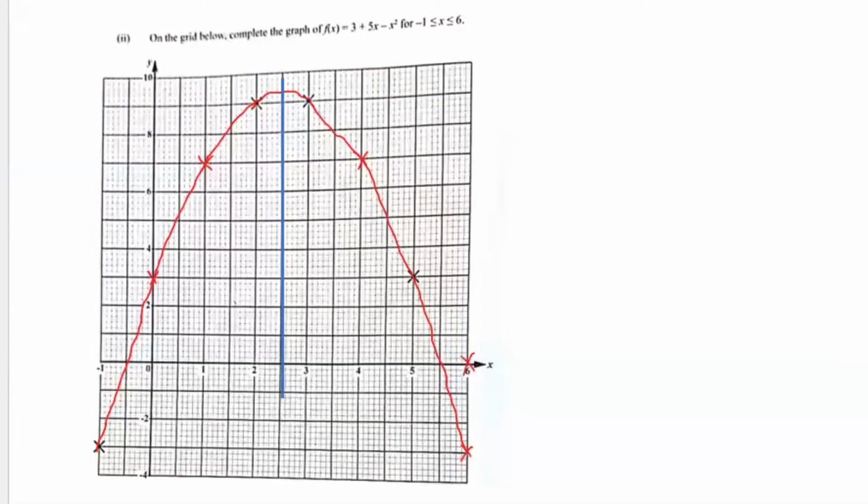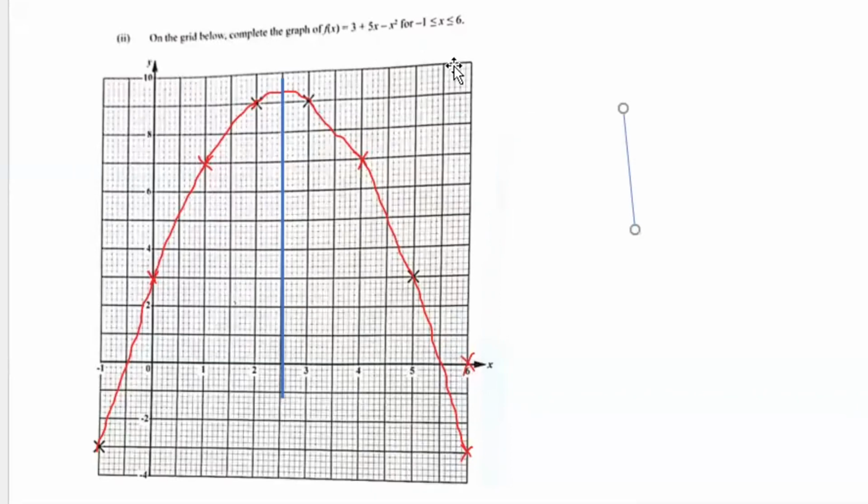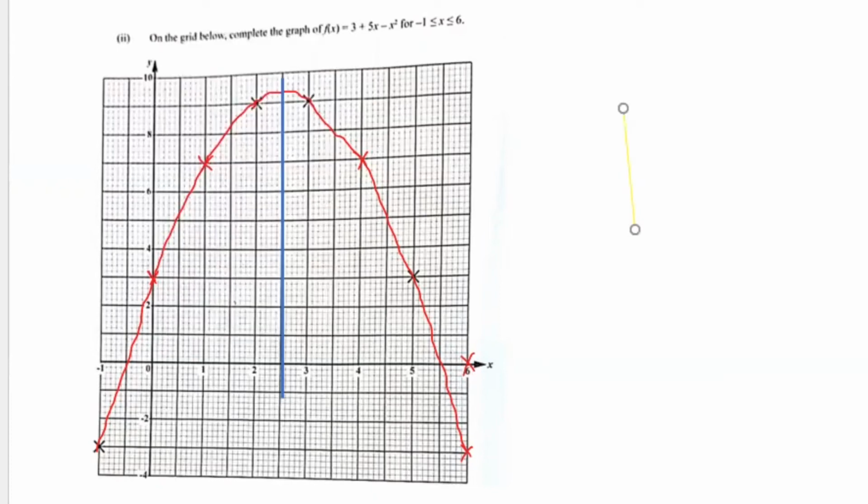So let me go and get my straight line. What color should we use? I don't want to use blue. Okay, so let's use yellow and make it thick so that we can see. So this is our line.